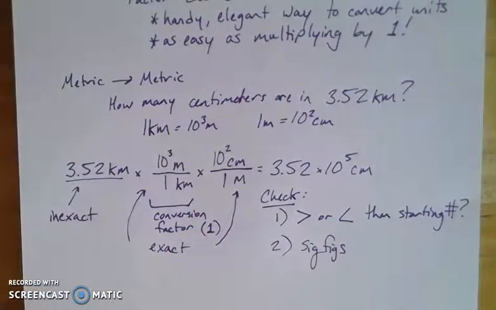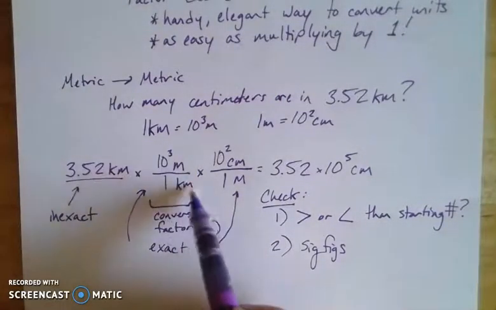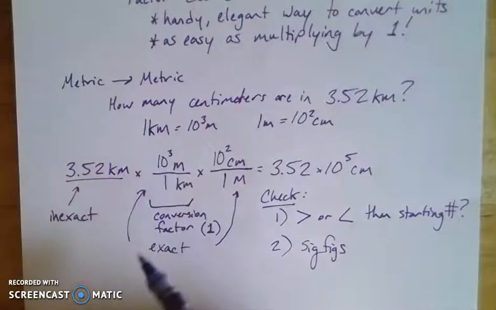There are two types of exact numbers. We can either have a count, so I went around and counted up the number of apples on the tree, and unless I'm the worst counter in the history of the world, I don't have any sort of uncertainty or error. That's just the number of apples there are. And then definitions too, so the defining factor of a kilometer is that it's made up of 1,000 meters, and that's also exact.